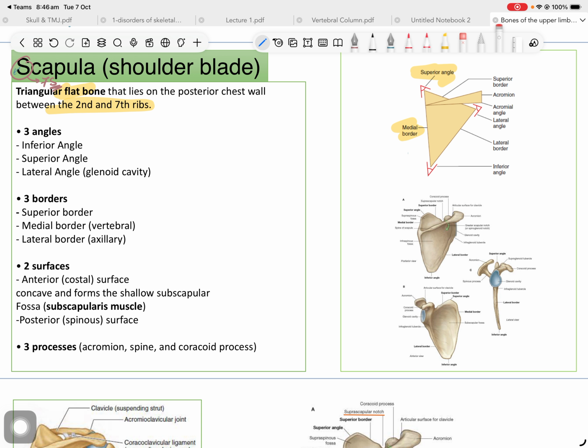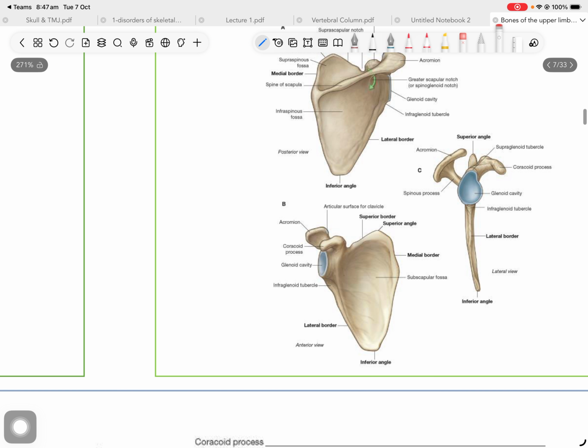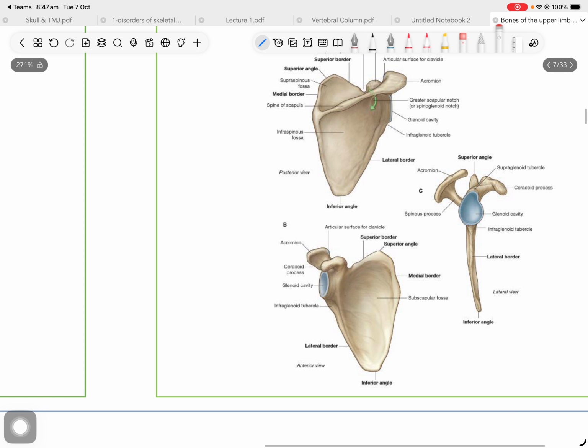And finally, I have here the lateral border located between the lateral angle and the inferior angle. Okay? What about the surfaces here? I have anterior surface, or we can call it the costal surface, okay? And finally, I have the posterior surface, okay?